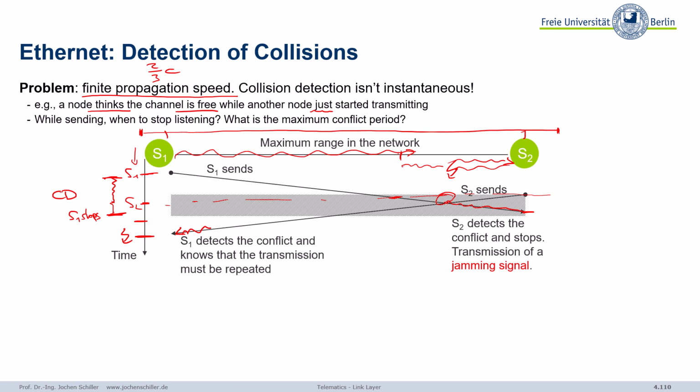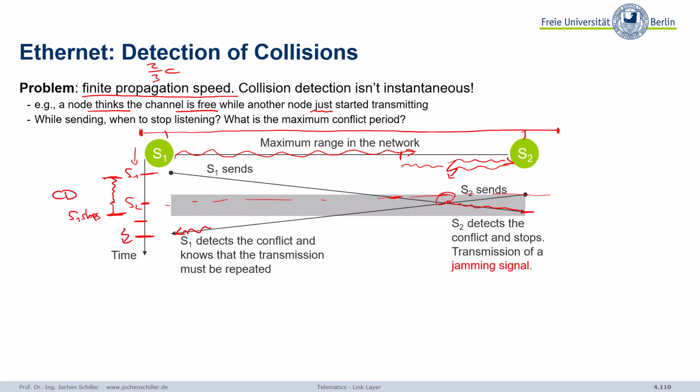And this is the reason why we need a minimum sending time depending on the maximum range of the network. Because in the worst case, the collision happens right before sender S2. So it takes a while to travel all along the wire with the maximum range. Then the collision happens right before S2, and then it takes exactly the same time to travel all the long way back to sender S1.